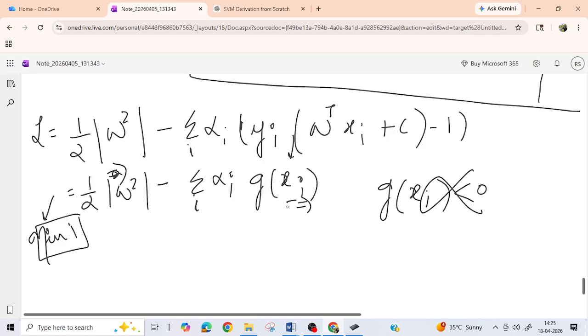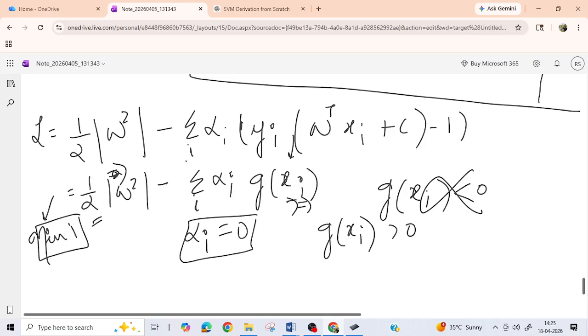Now what if g(xi) is positive? If g(xi) is positive and we want to minimize this particular number, then alpha should be 0, because we want to minimize this. So if g(xi) is greater than 0, we definitely want this quantity to become 0 such that our value is minimized, in which case alpha becomes 0.